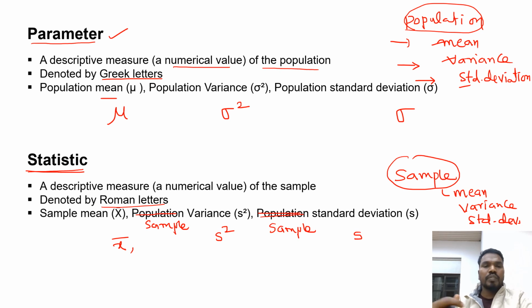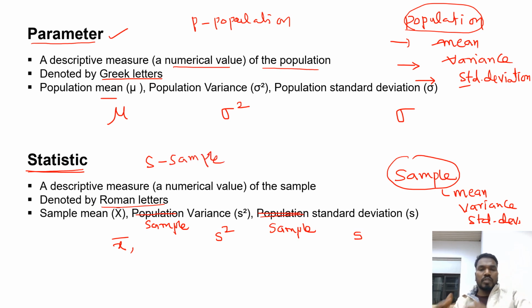Okay, so that is the difference between parameter and statistic. It will be easy to remember: p for population, s for sample, as simple as that. We are finding the same measure, but only our group is changing. If the group is a population, then they are parameters, and if the group is a sample, then it is a statistic. Clear?